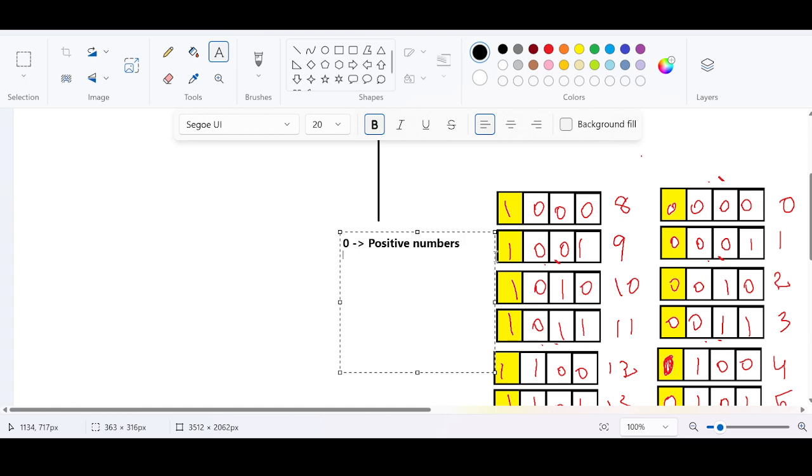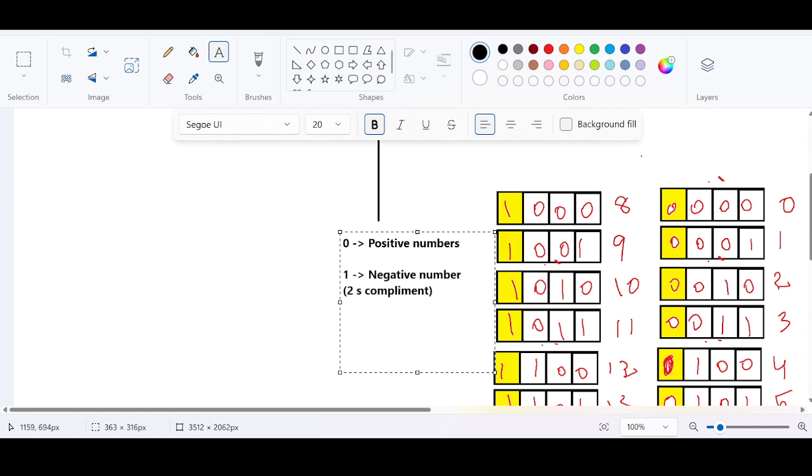And if the number 1 is landing on the most significant bit space, they are asking us to treat it as what? Negative numbers. And to treat the most significant bit as a negative number, they are asking you to do 2's complement. I will tell you what 2's complement is.